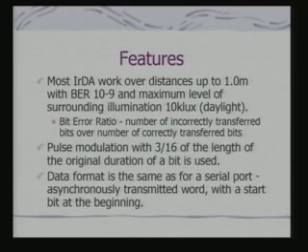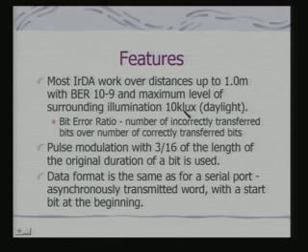What are the features of IRDA? Most IRDA links work over distances up to 1 meter, not very long distances, with a BER, that is called bit error ratio, of 10 to the power minus 9, and a maximum level of surrounding illumination of 10 kilolux, because the surrounding illumination will have an effect on the detection of the signal.